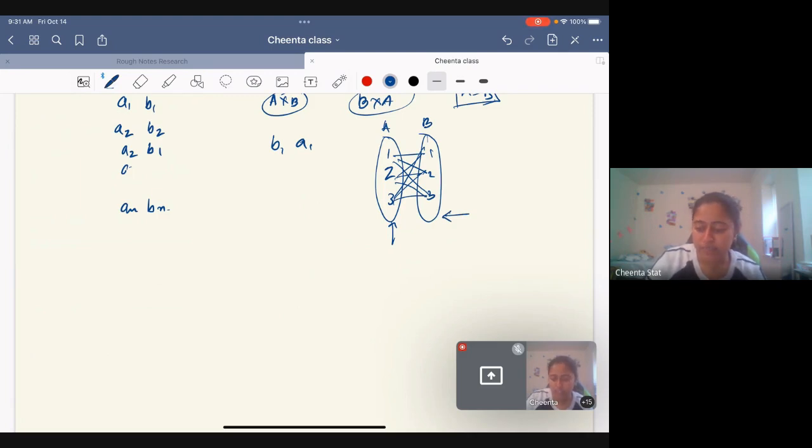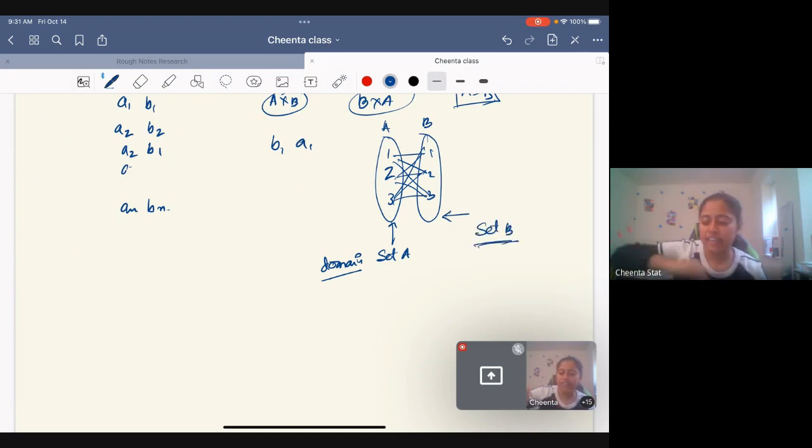Set A is the domain, and this set B, if it can take any values, say real numbers, that is the codomain.